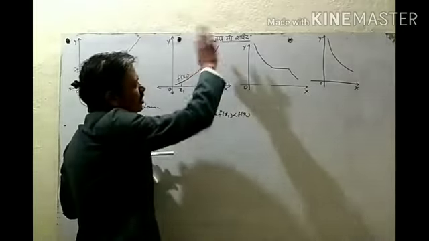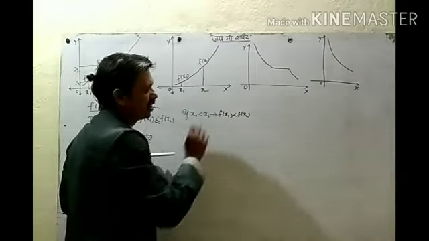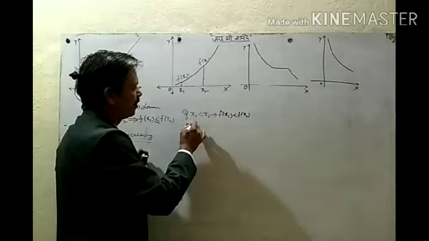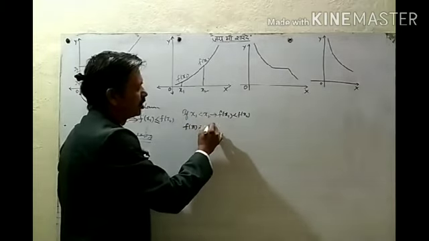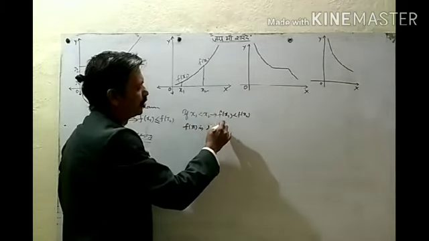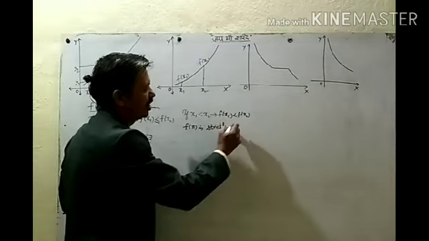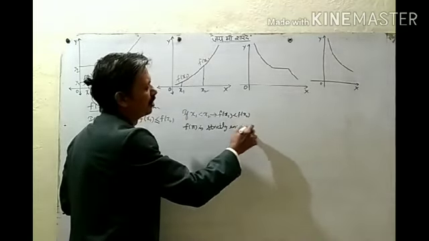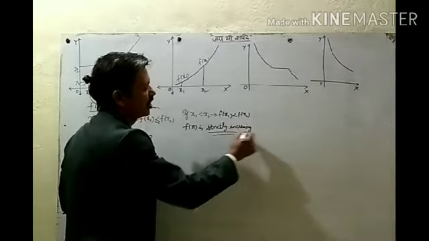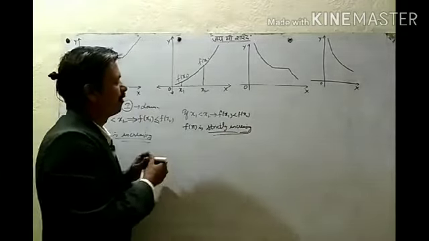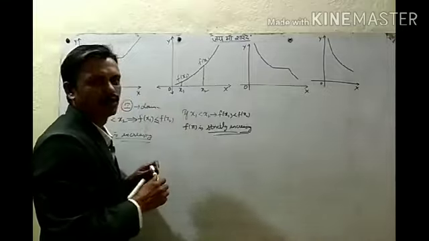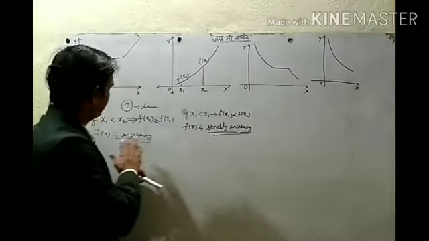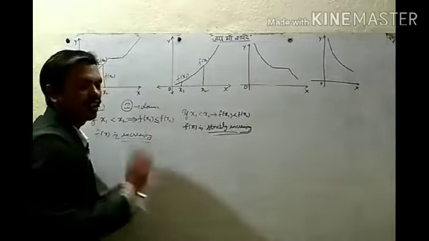It is always changing, so f of x1 is always less than f of x2. Then f of x is said to be a strictly increasing function. Okay? So increasing, strictly increasing.